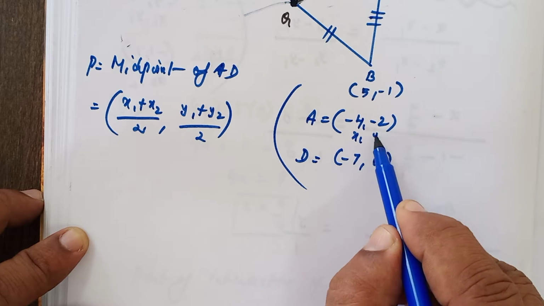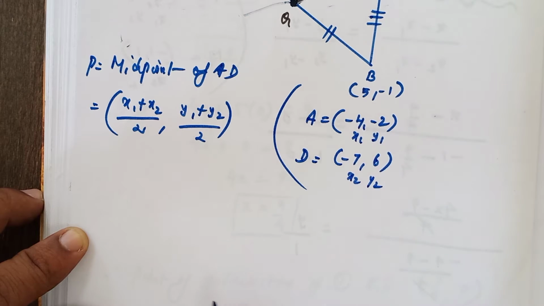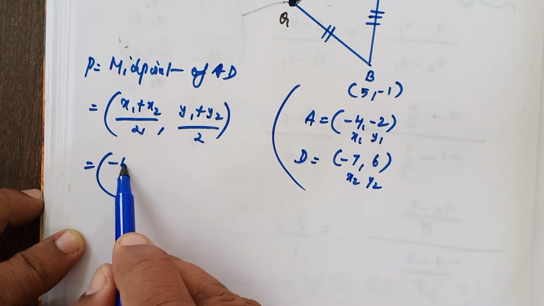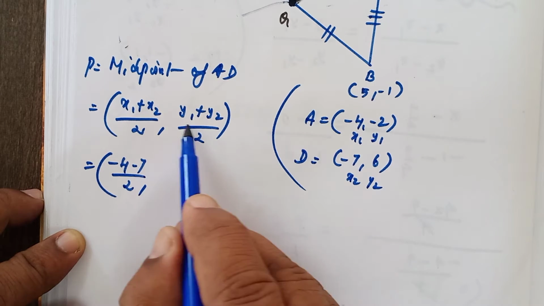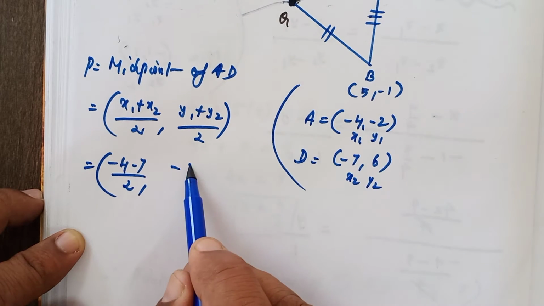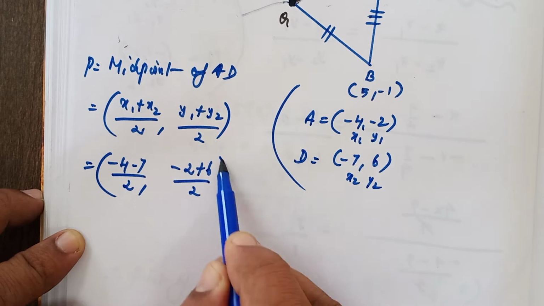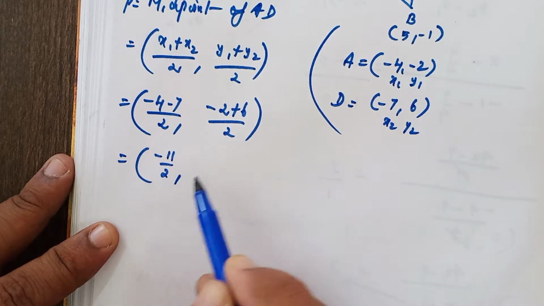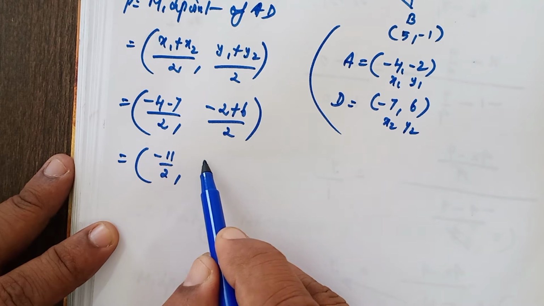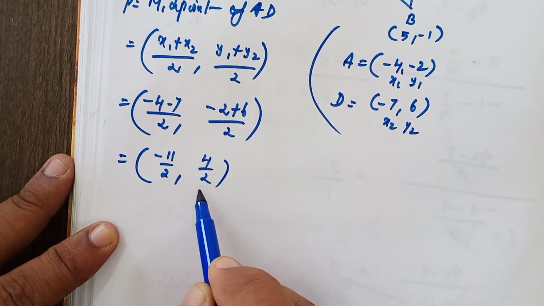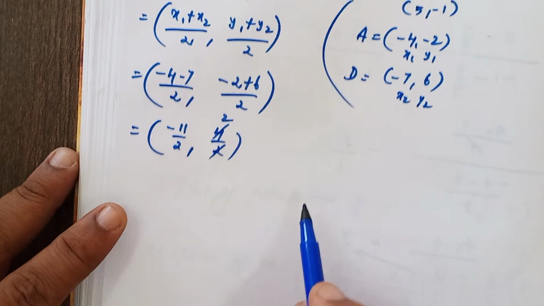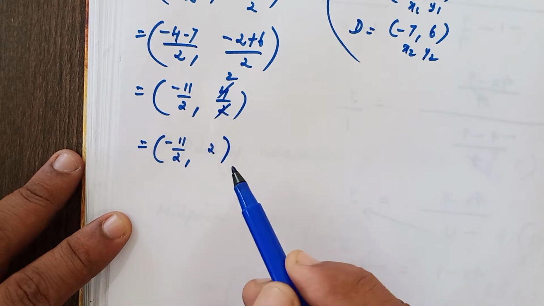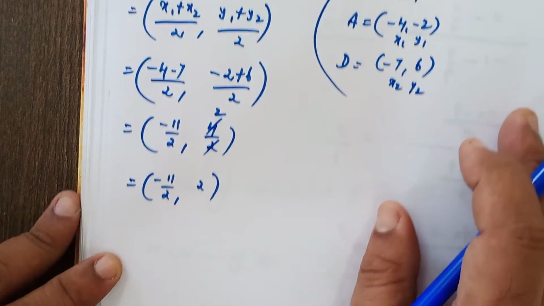This is x1 y1 x2 y2. x1 plus x2 is -4 minus 7, divided by 2, y1 plus y2 is -2 plus 6. That is equal to -4 minus 7 is -11 divided by 2, -2 plus 6 is 4 by 2. You can cancel 2 times. That is equal to (-11/2, 2). Point P over. Now Q.